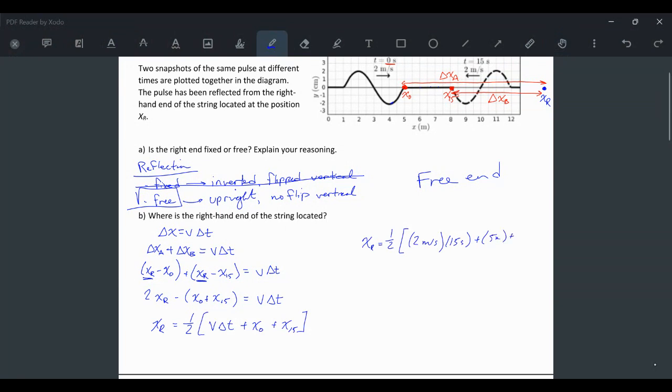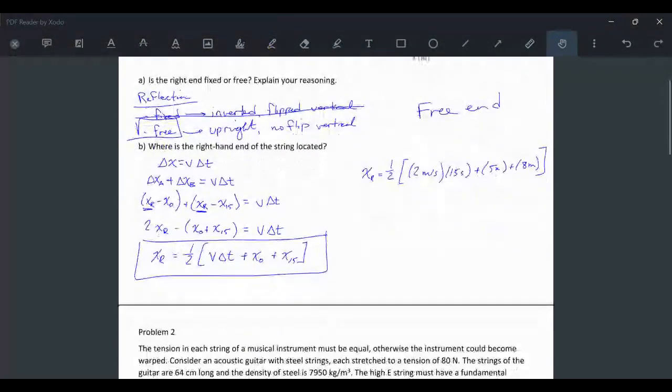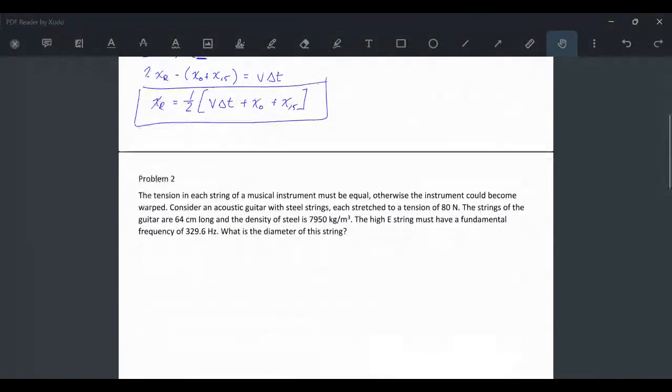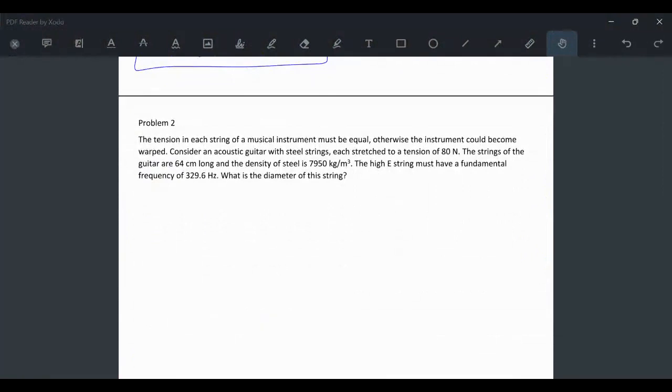And at t equals 15, we ended up at x equals 8 meters. If you plug that into your calculator, that should give you exactly what you need, but I'm just going to leave this in symbolic form and move on for the sake of time. I think you'll get something like XR is equal to 21 or 21 and a bit, but the actual numbers are not super important.